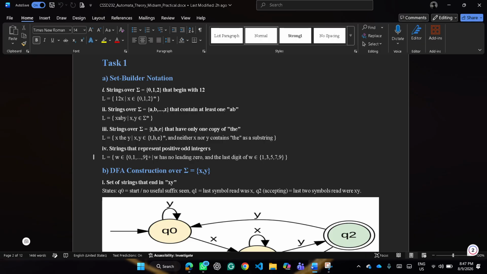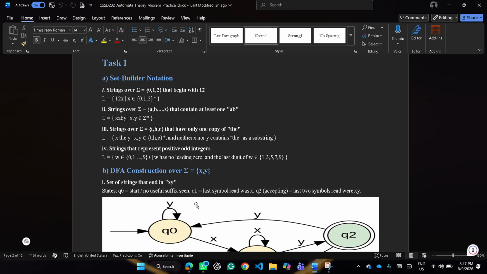So I wrote L equals xTHEy, where x and y are strings over the alphabet, with the extra condition that neither x nor y contains THE.